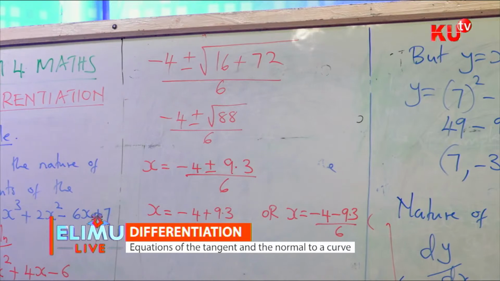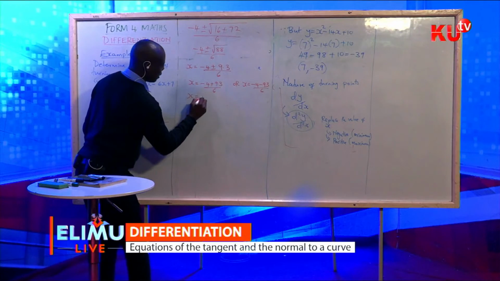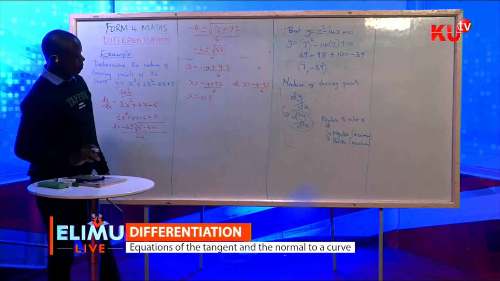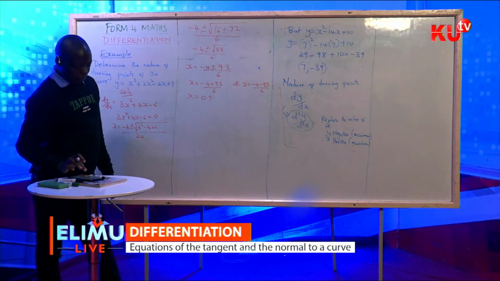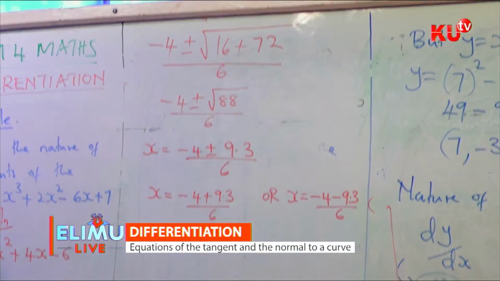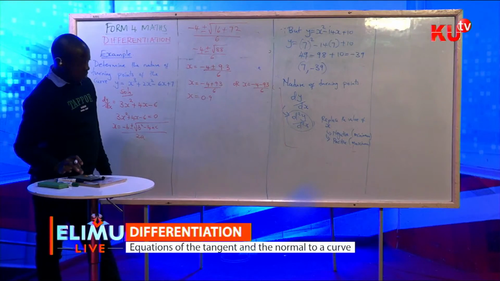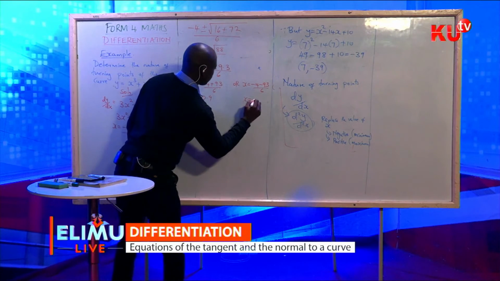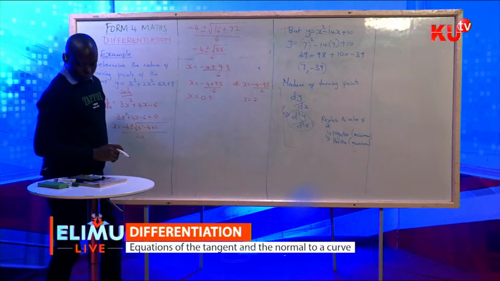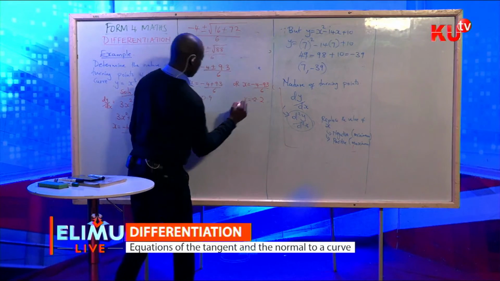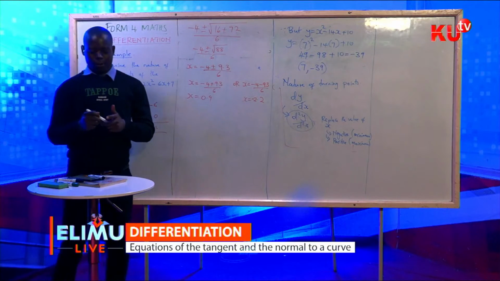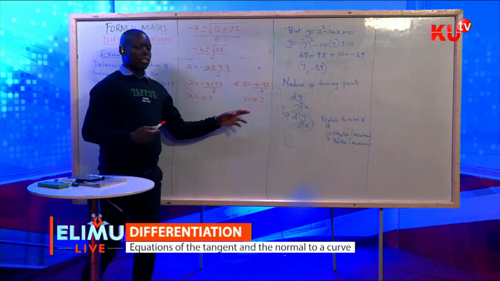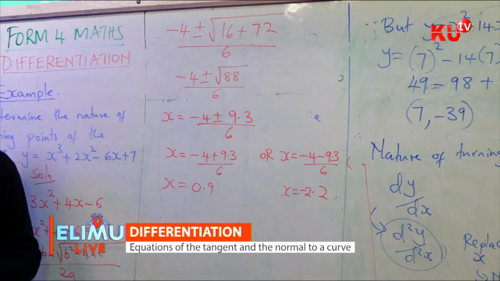We get 0.9, rounded off to 1 decimal place. Then the other side, negative 4 minus 9.3 gives us negative 13.3, divide it by 6, and x is negative 2.2. So those are the two values for x: x as 0.9 and x as negative 2.2.